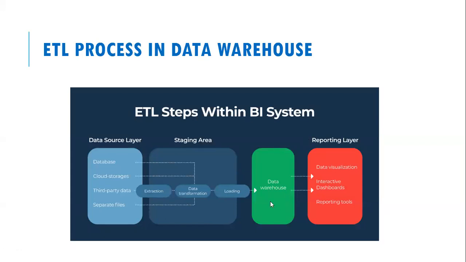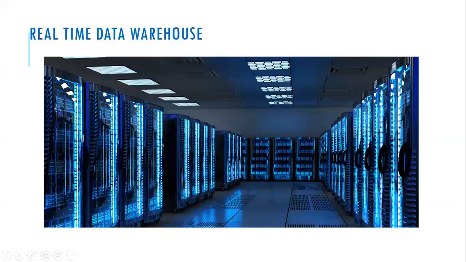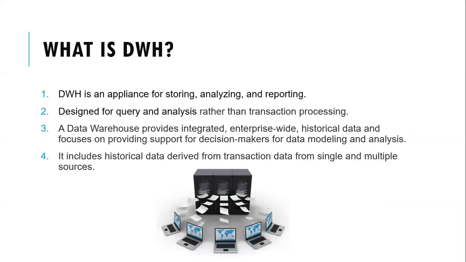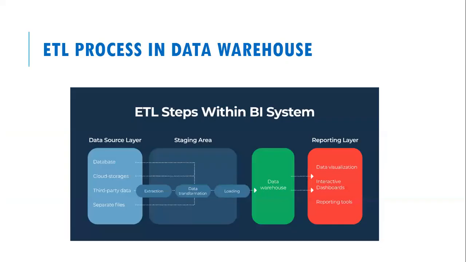All the history data and current data will be stored in the data warehouse, and that will be used for reporting and analysis. It's especially designed for query and analysis rather than transaction processing. Here we are not doing any transaction processing. It's only used for queries and analysis.